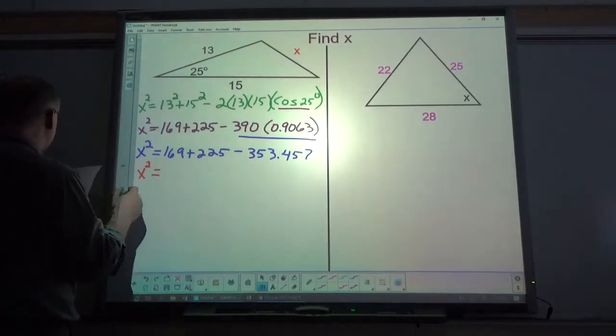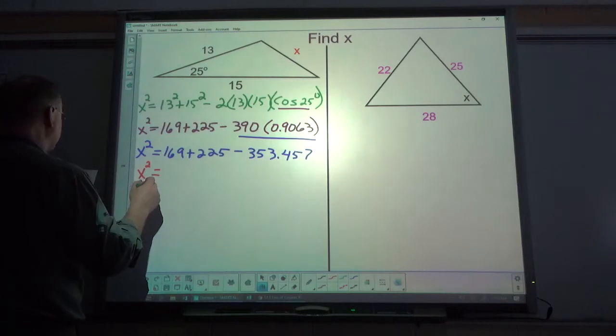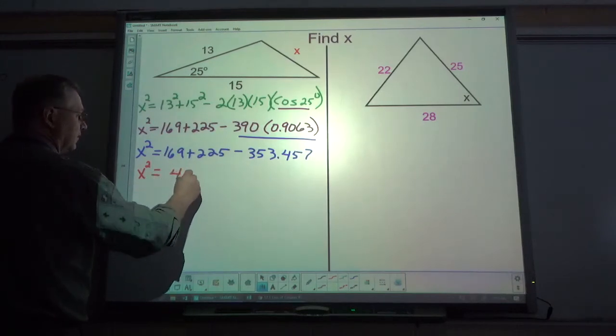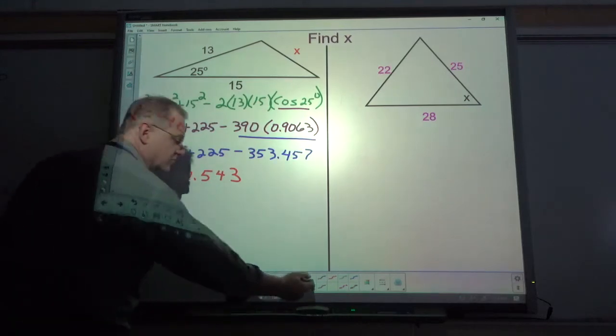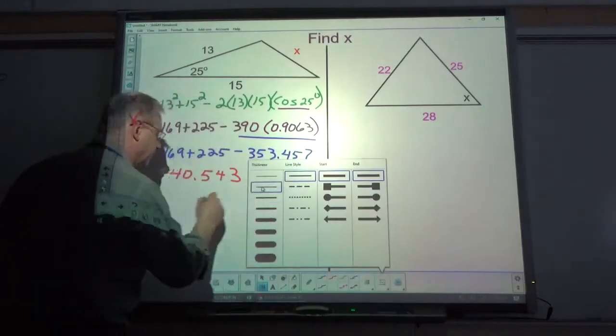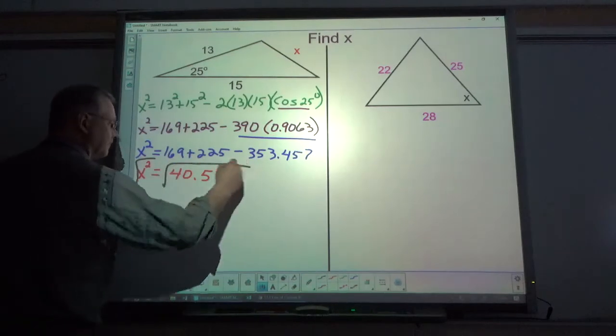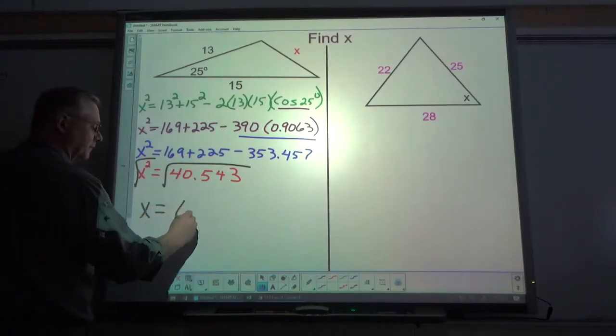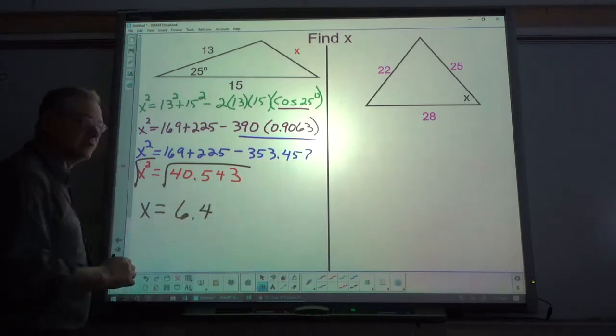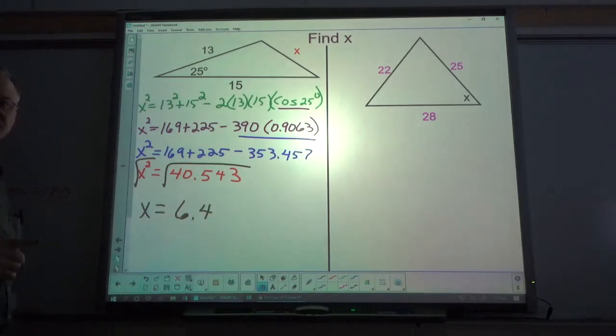When I do so, I get 40.543. Now I have to square root both sides. x equals 6.4. Now we're going to be rounding these to 1 decimal place for our final answer only.